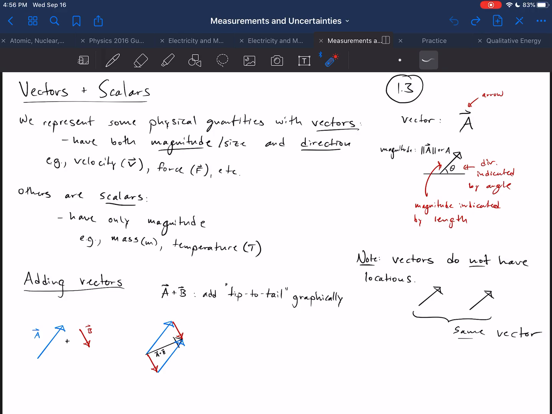But if we want to be more precise, we almost always give the direction in terms of an angle, usually relative to the horizontal, although not always. That angle is usually specified on a diagram.